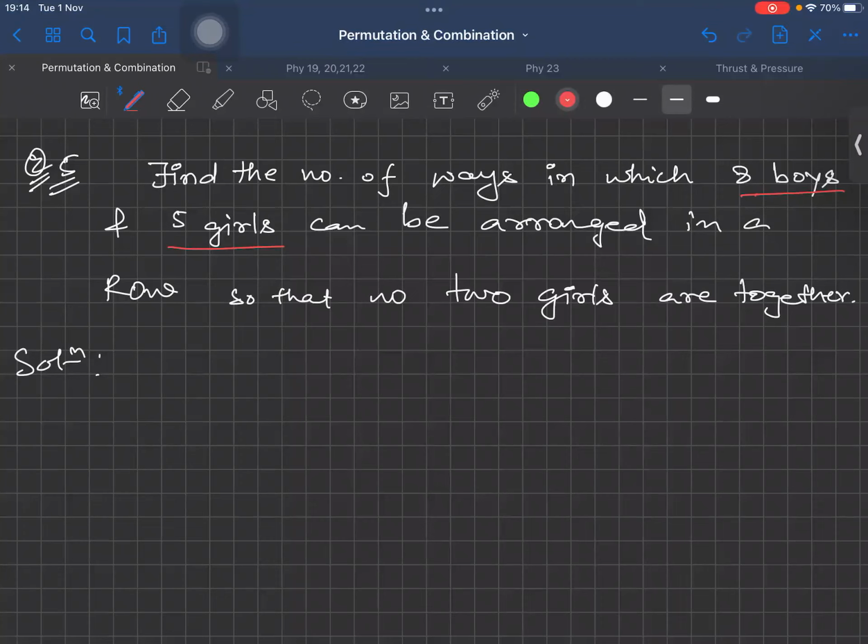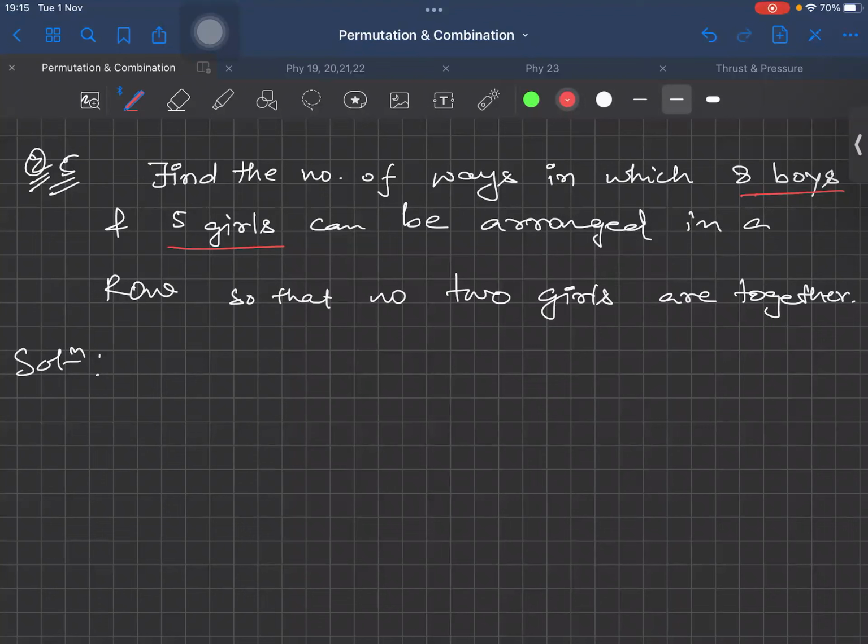See, anyone, please, Nidhi, Hari. Sir, we find the total number of ways to arrange and subtract 5P2 ways from it. Is it? Will you get the answer? Okay, anyone else?